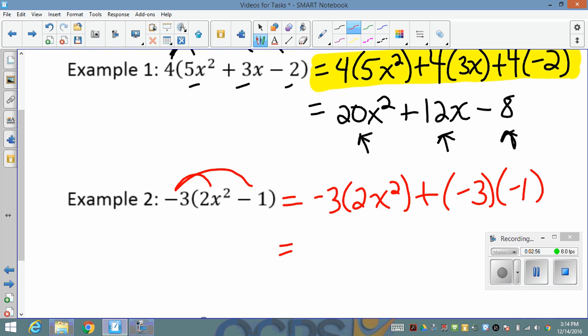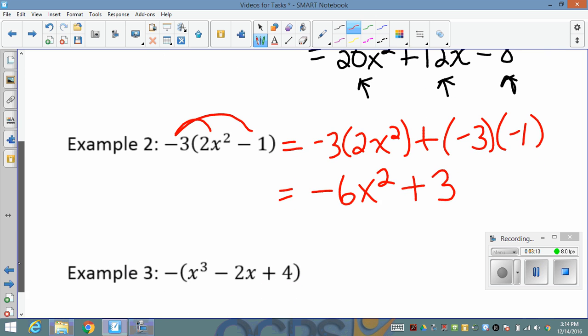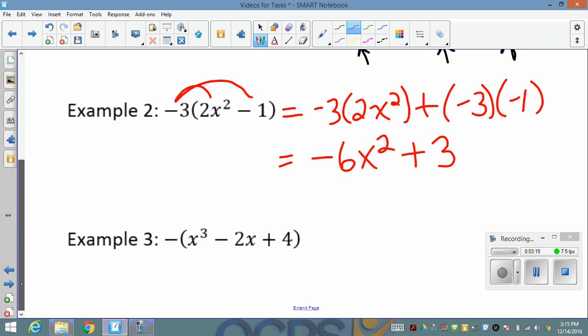Now negative 3 times 2 is negative 6x squared. Negative 3 times negative 1 is a positive 3. Remember, as you are distributing, you are multiplying. That is a multiplication. That is a multiplication. And again, I am done because there are no like terms to combine.